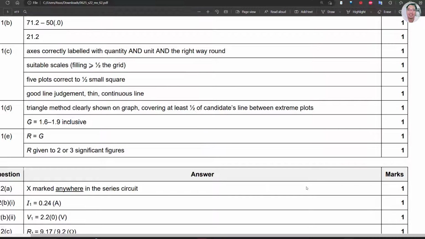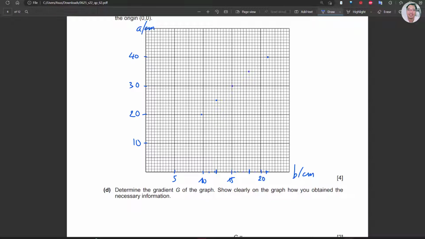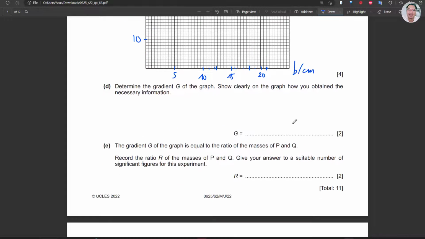My result is 1.7. You know, two significant figures, not three. So the gradient in my calculation is 40 minus 20 over 21 minus 9.5, rounded to 1.7.